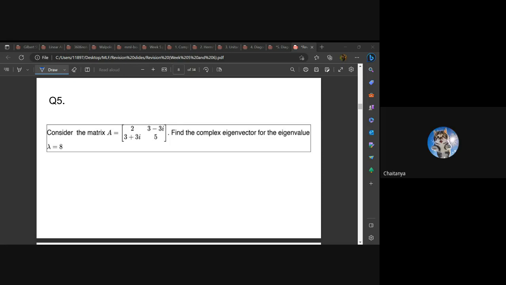Ma'am, I have a small doubt. Why is the concept of complex numbers and complex matrices there? In what situations will this be useful?